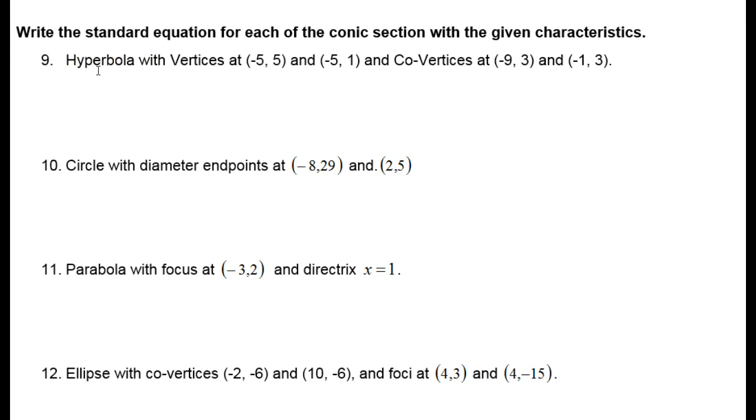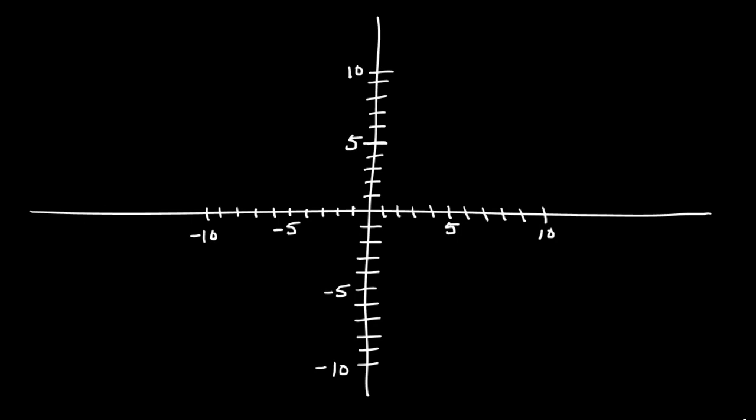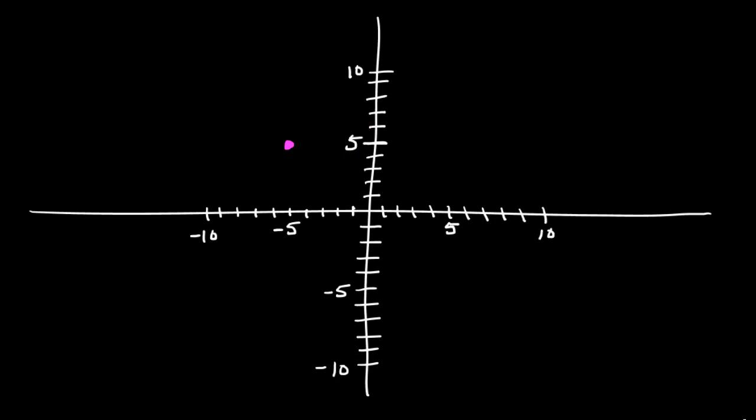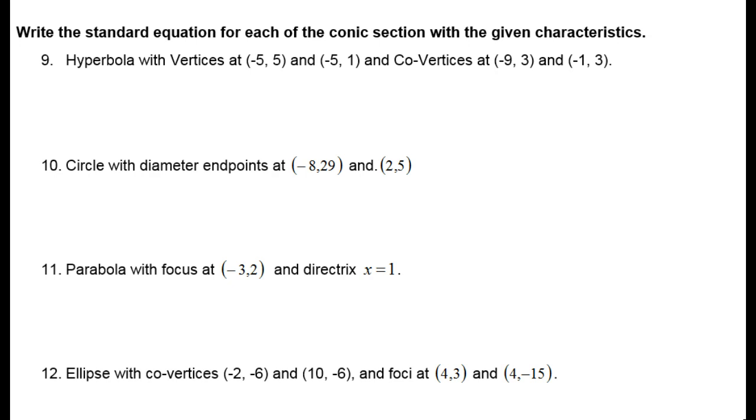So, number 9 is about a hyperbola with vertices at -5, 5. Alright, so -5, 5, there's a vertex. And -5, 1. Alright, so vertex, vertex.